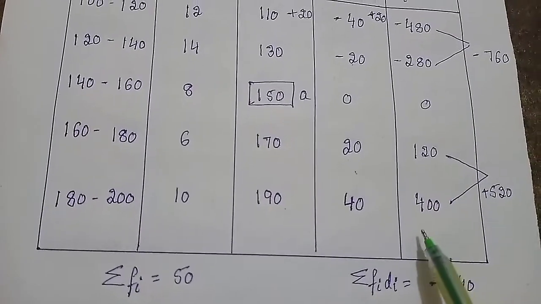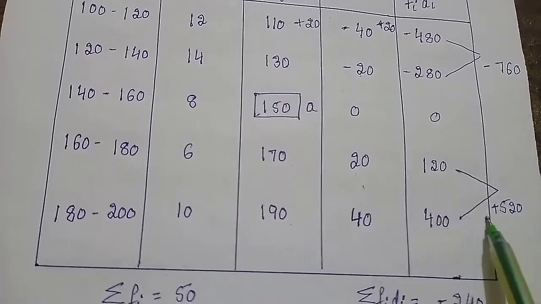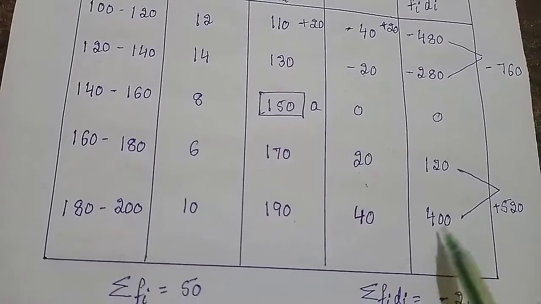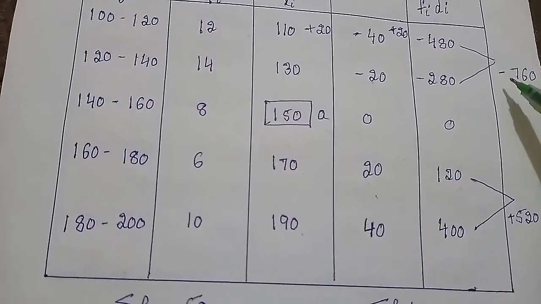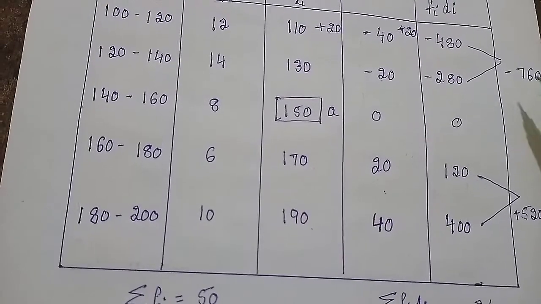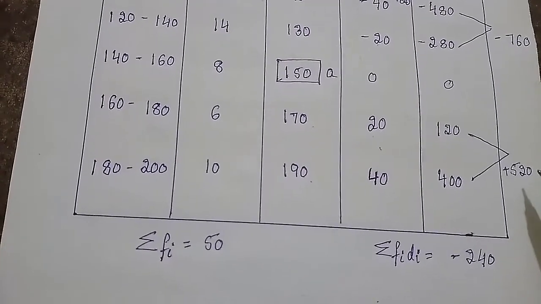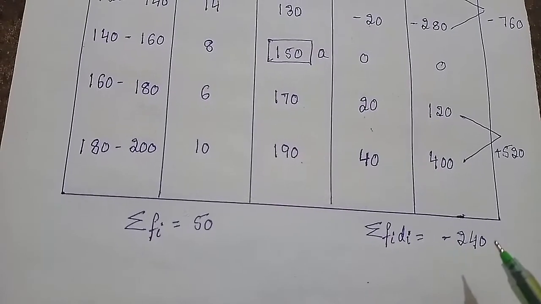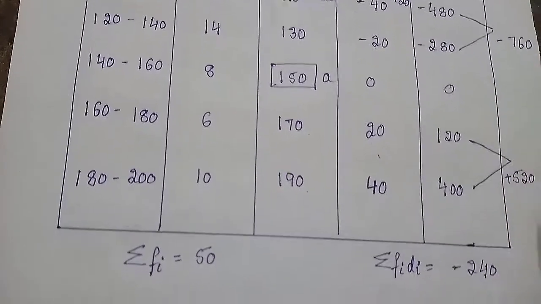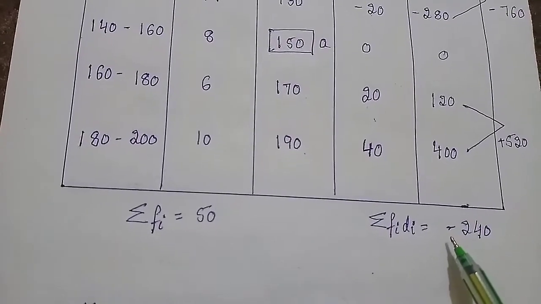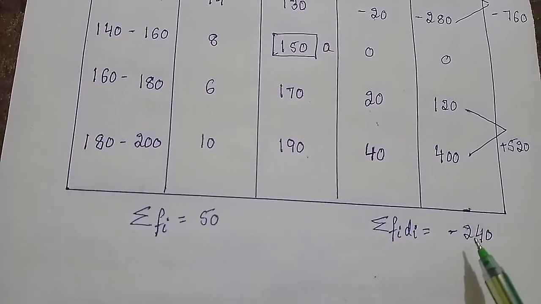And 120 plus 400 is 520 with plus sign, because both are positive. Now you subtract: minus 760 plus 520 is minus 240. The bigger number's sign is minus, so in the answer we get minus 240.